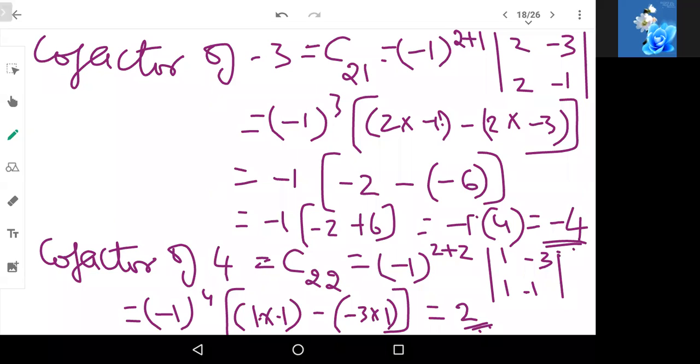Okay. And you should get 4 and 10, not minus 2. Just check those two. Second row, third column, the 10 should be 0. And third row, second column, minus 2 should be 4. Let us continue.